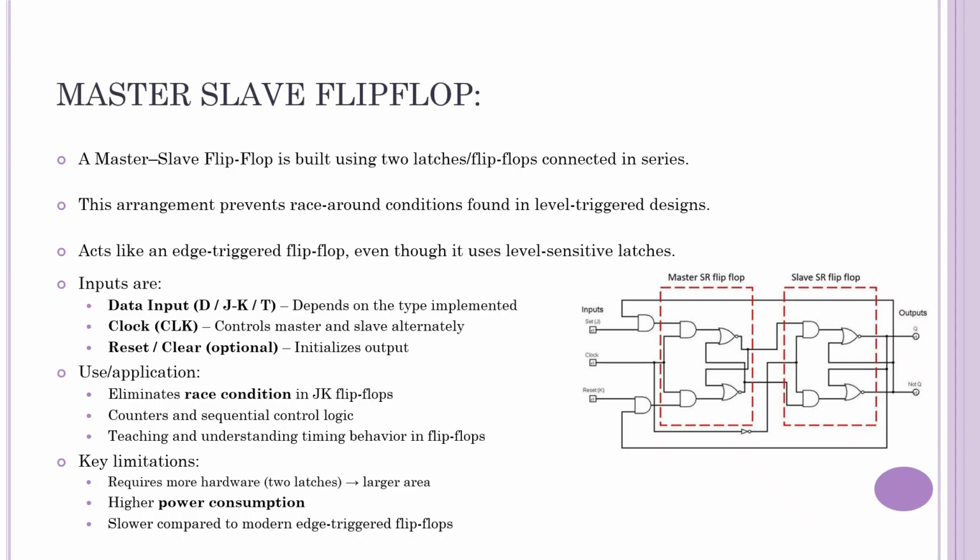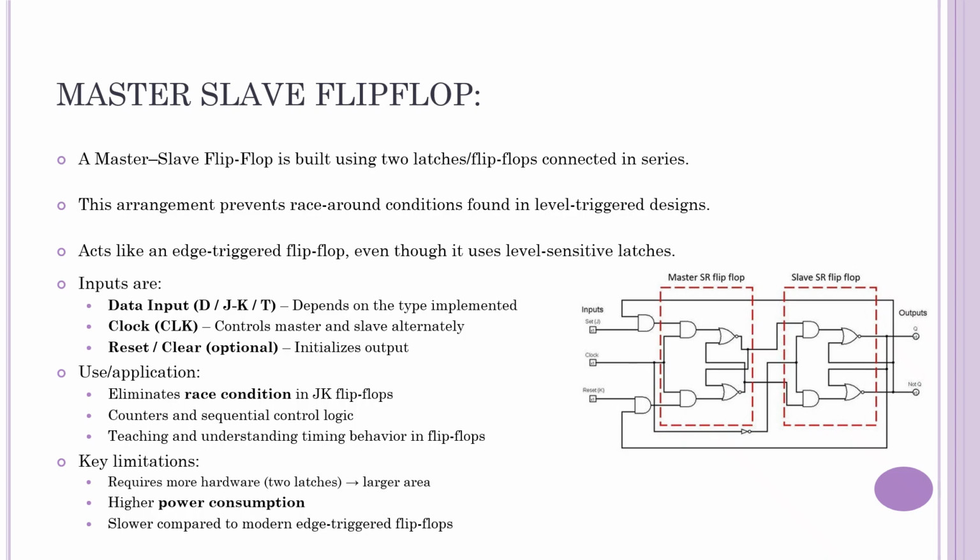It captures the input data while the slave is disabled. Then, when the clock goes low, the master stops updating and the slave becomes active, transferring the stored value to the output. So, input sampling and output updating never happen at the same time, and that's the key idea.